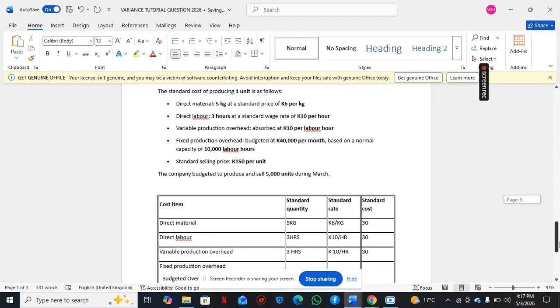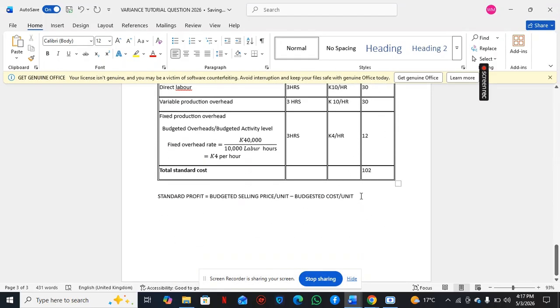Our budgeted standard cost is 102. So we're going to say 150 kwacha minus 102, we're going to get 48 kwacha per unit. That is our standard profit per unit, 48 kwacha per unit.